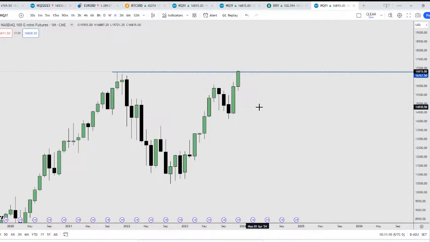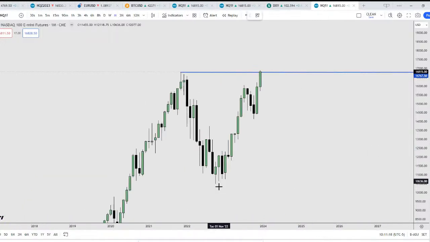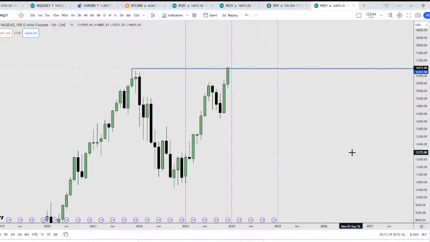So with that in mind, let's map out the quarters. The opening price of next year would be very important. So best case scenario, right?